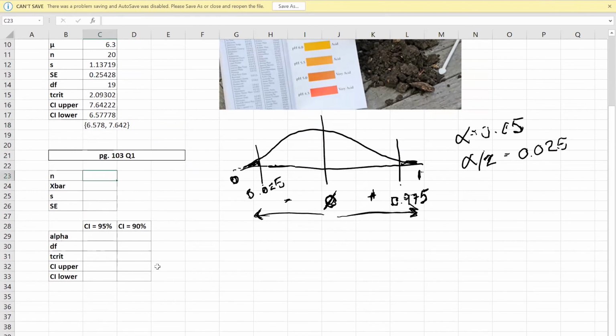For the question on 103, let's see, we have 200 eggs that are randomly chosen. So our sample size is 200. The mean weight was 0.824.